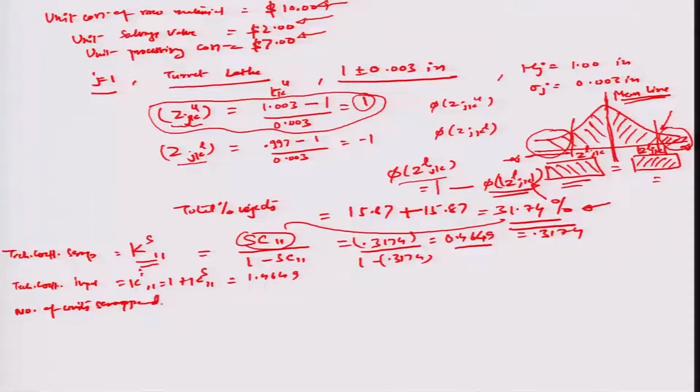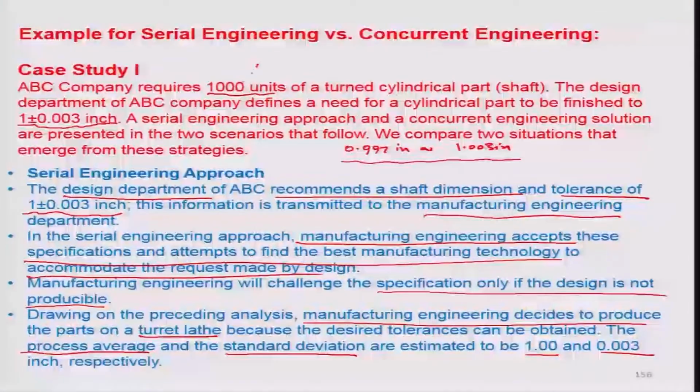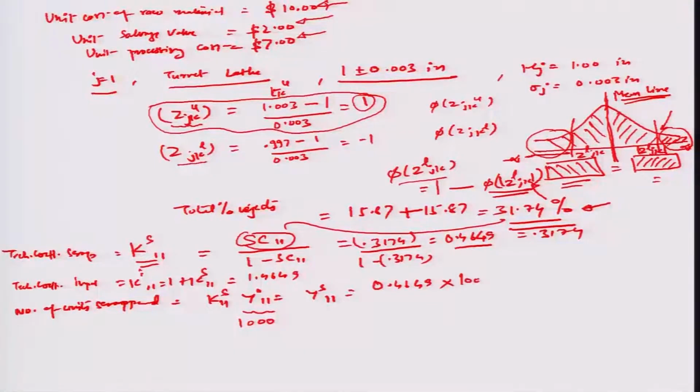and similarly the number of units which are scrapped in this particular case happens to be the KS11 times of the YO11, similar to what you would have as the number of units scrapped YS11. So, this happens to be 0.4649 times of the output, which is at a constant level of 1000. Remember, at the very beginning we have requirements of 1000 units to be produced in terms of turning a cylindrical shaft. So, you are wasting around close to 465 units for producing about 1000 units.